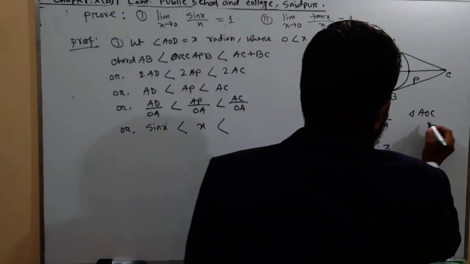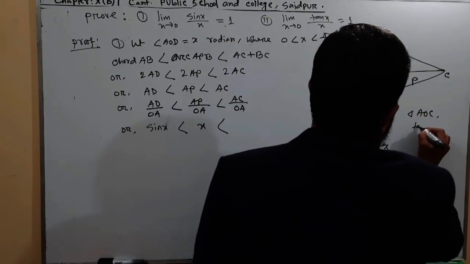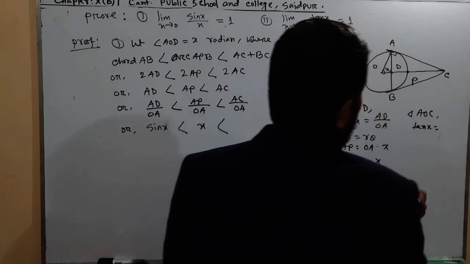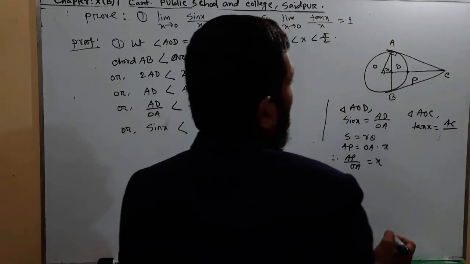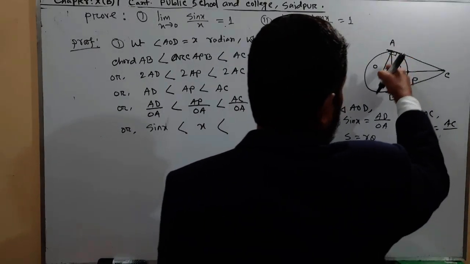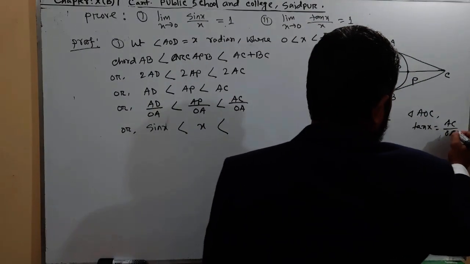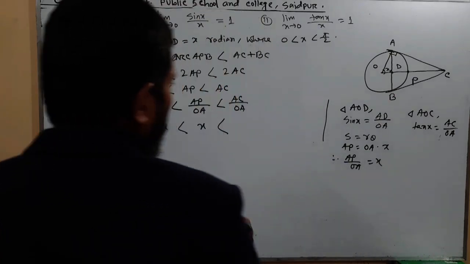Here for tan x we know opposite, here opposite AC, and base, that is adjacent, here OA, so AC by OA is tan x.